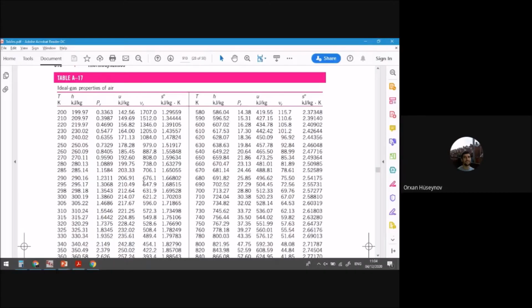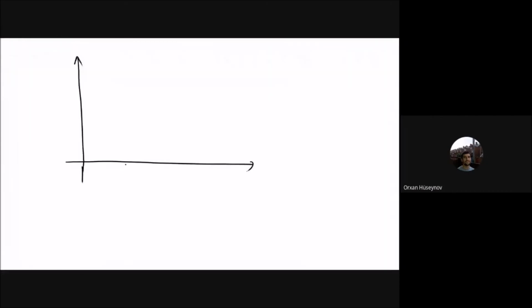I will show how to use interpolation, but I will not use interpolation; I will take approximate values. So the temperature value is 300 Kelvin. This one is the internal energy and this one is the temperature. You have 300 Kelvin here, and you have 305 Kelvin here.